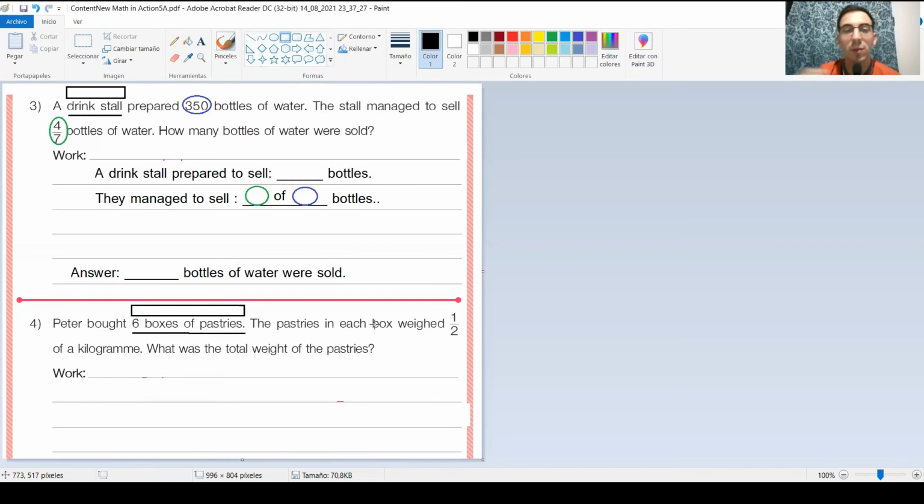What was the total weight of the pastries? So it's pretty clear. We have 6 boxes and each box weighs 1/2 of a kilogram, which means half a kilogram. We could even calculate without multiplying fractions, but we are going to do it the right way.